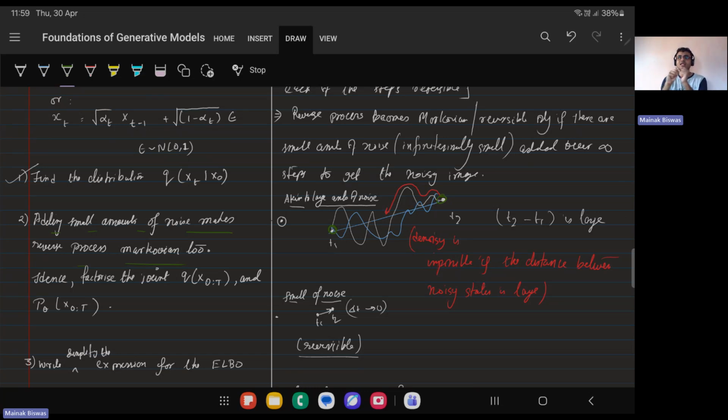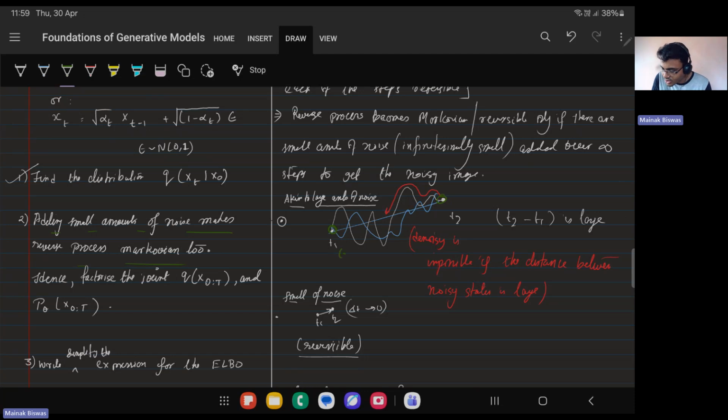So we want infinite time points so that I can track every small noise addition, and very, very small distances traveled at every point, so that each step becomes reversible. That's the idea. We have understood that each of the steps now is linear, and whenever the reverse process is linear, it also becomes Markovian.